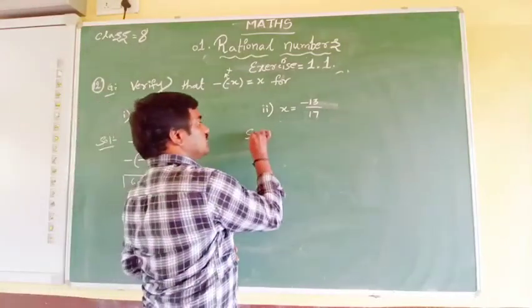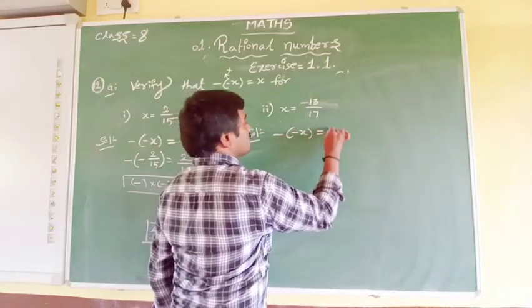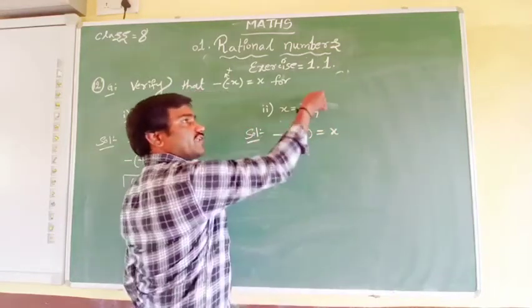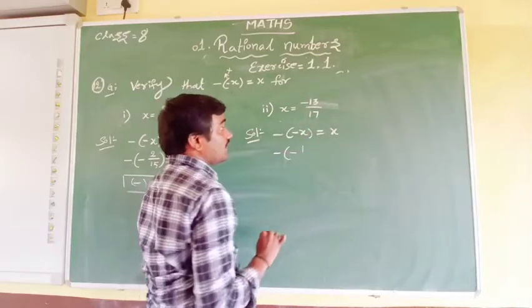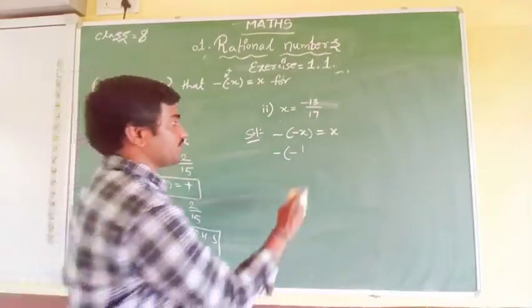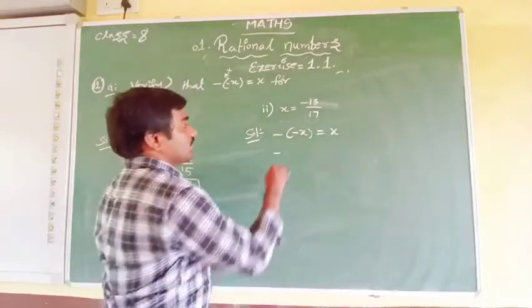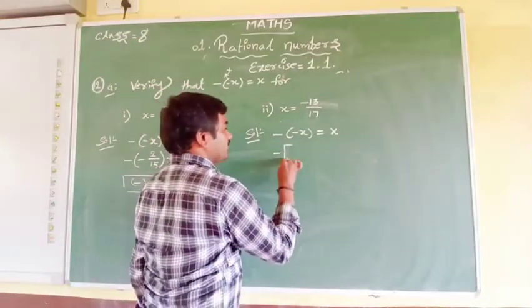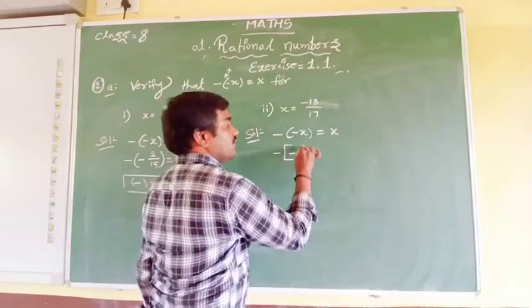The same thing here also. Very simple as well. Minus of minus x is equal to plus x. What is the x value in the question? We have to think it over, because I will write the minus of this minus here. What is the x value here?